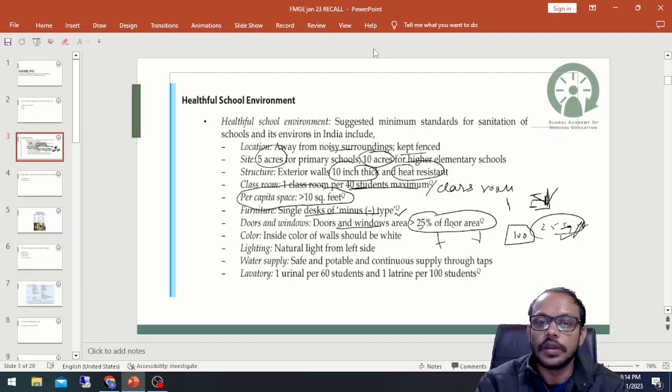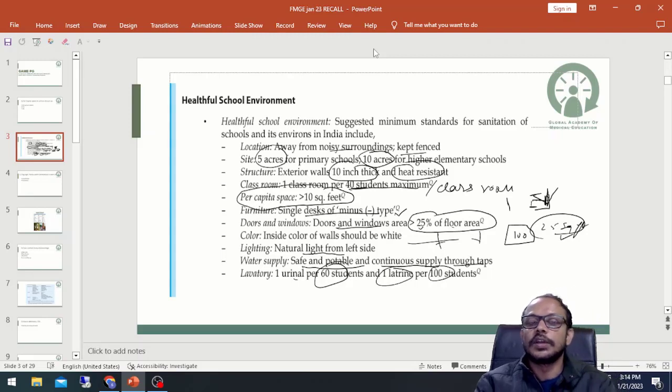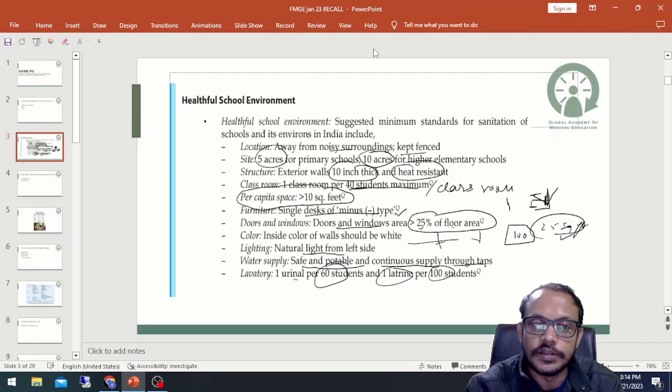And natural light should come from the left side. And water supply should be safe, potable and continuous, through taps. Urinal should be per 60 students, and latrine per 100 students. So, this is the healthful school environment that is required.